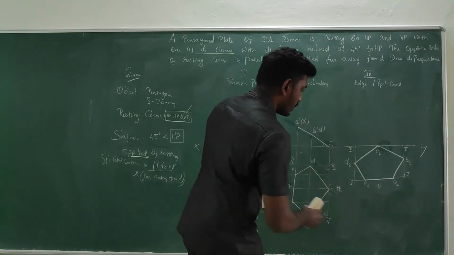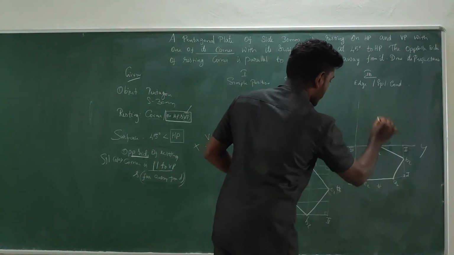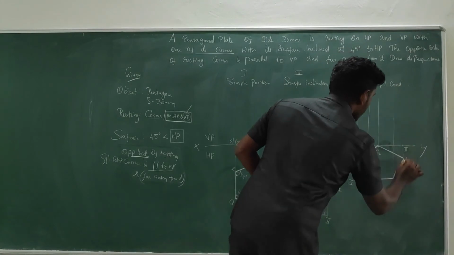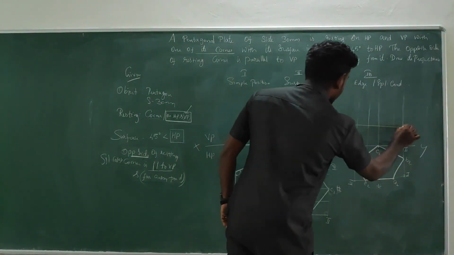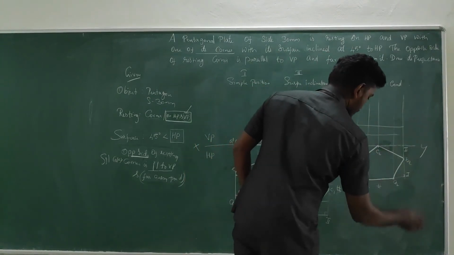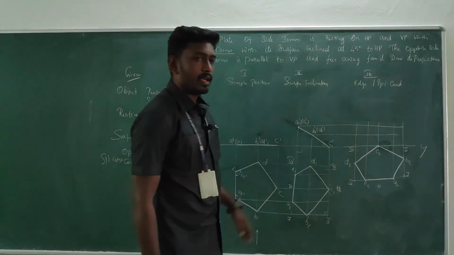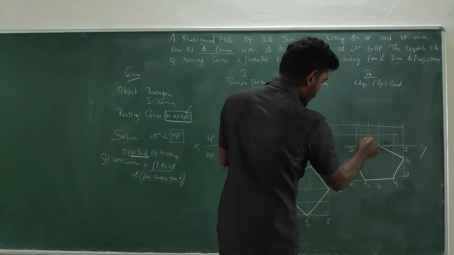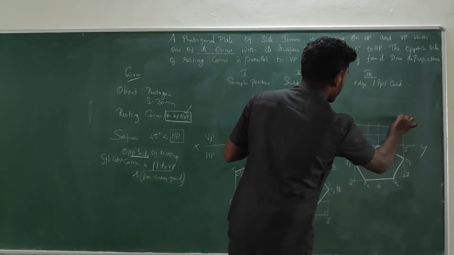The final front view. So take the projectors from each corner. So it comes like this. From the previous stage, get the horizontal projectors. So your construction line will be like this. Do the mapping works. A projector horizontal is coming, and here is the vertical. So this would be A2 dash.